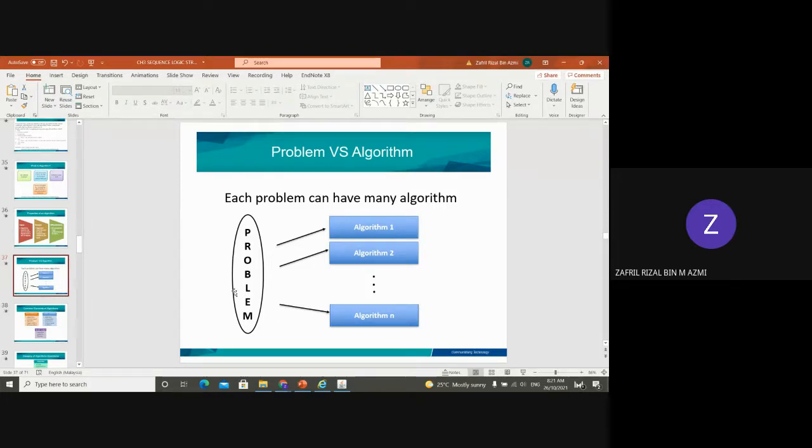But the important thing when you are designing a program is, if there are two algorithms and both produce the correct outputs, how can we determine which algorithm is the best? The algorithm that is shorter is the best, because when your program has fewer lines of code, it can execute much faster.